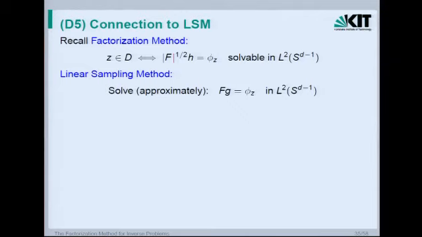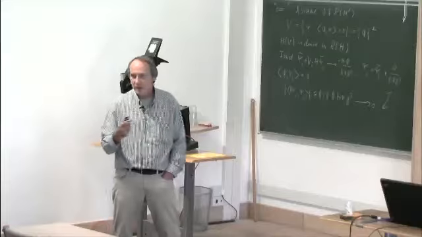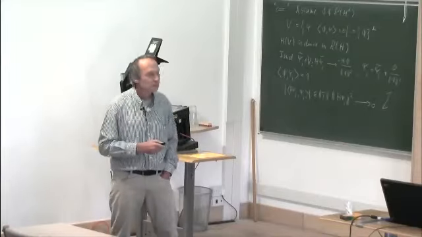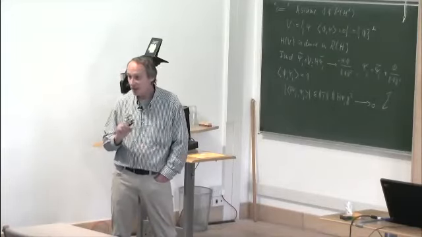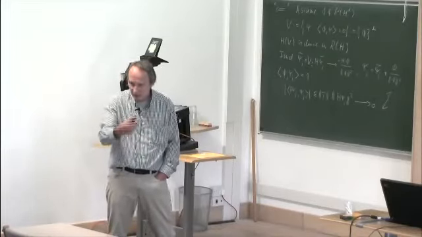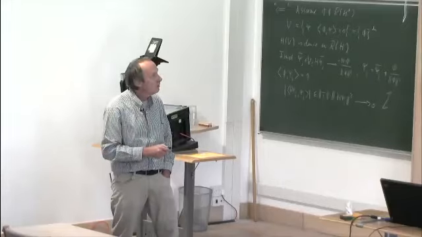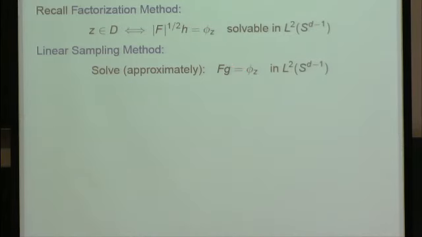In the linear sampling method, they look at this equation with f itself. So they look whether or not this is in the range of f and not in the range of the square root of f. This is the only difference in implementing the method, and you can easily implement that. It's not a big change.